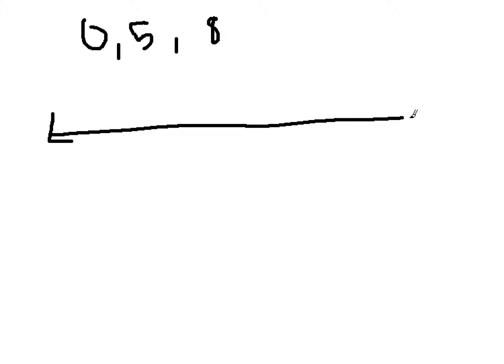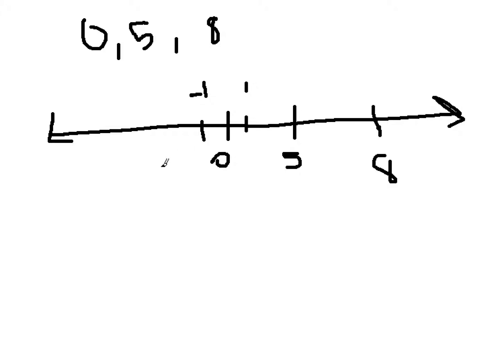I would set up my number line with 0, 5, and 8. Then I would pick numbers on the left and the right. So -1, let's say 1. I'm going to plug -1 into my first derivative, not the original, the first derivative. I'm going to plug 1 into my derivative.